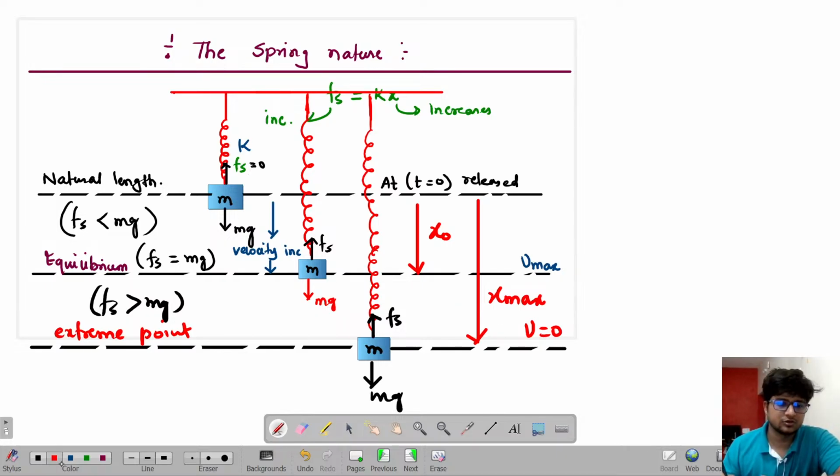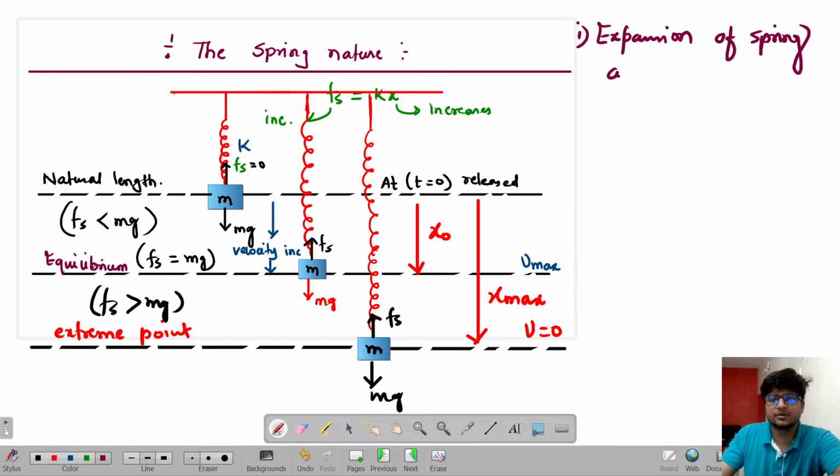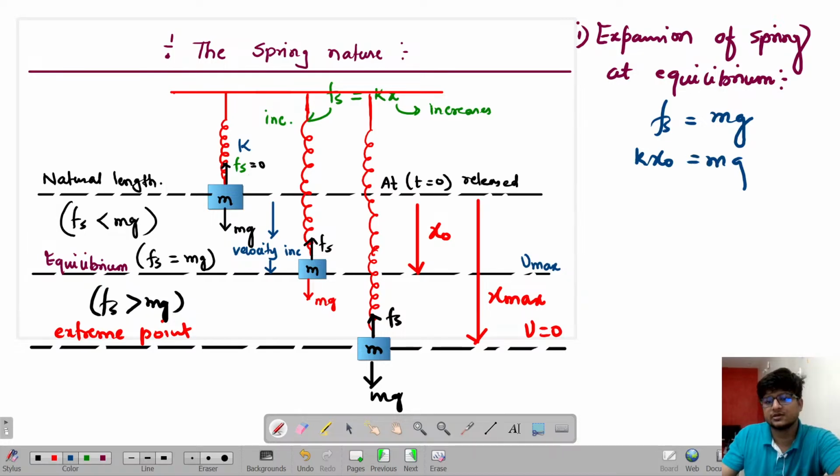Are you able to get me on? So look over here. If you consider expansion of a spring till the equilibrium point, first case: expansion of a spring at equilibrium is given as, simple idea, spring force is equal to mg, which we write as k x naught equals mg, and this x naught is equal to mg by k.